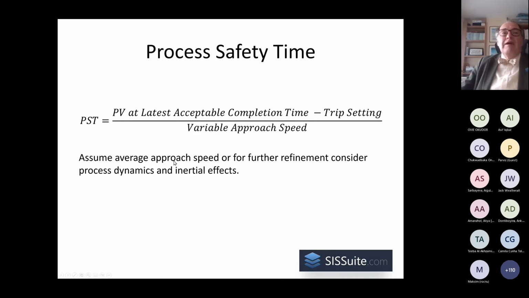Typically, you would assume an average approach speed, but for some critical duties, this might need some further consideration of the process dynamics and inertial effects within the process. But that is relatively obscure territory; for most practical purposes, an assumption of an average approach speed will be perfectly acceptable.